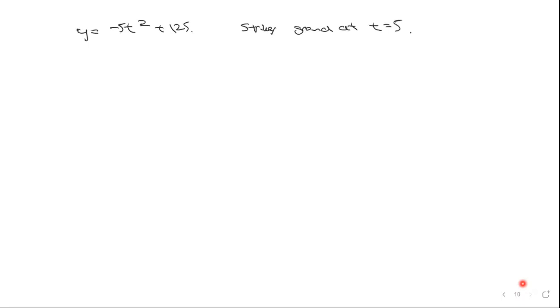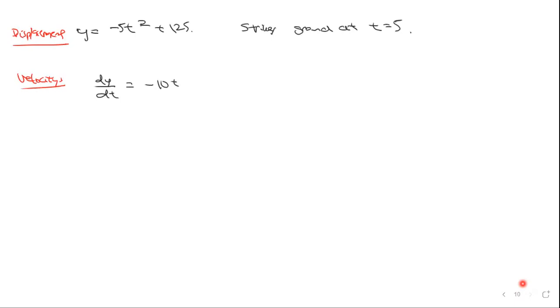Don't forget that this is the vertical displacement. So to get velocity, it's just the derivative. So that's just going to be negative 10t, because the derivative of t squared is 2t.